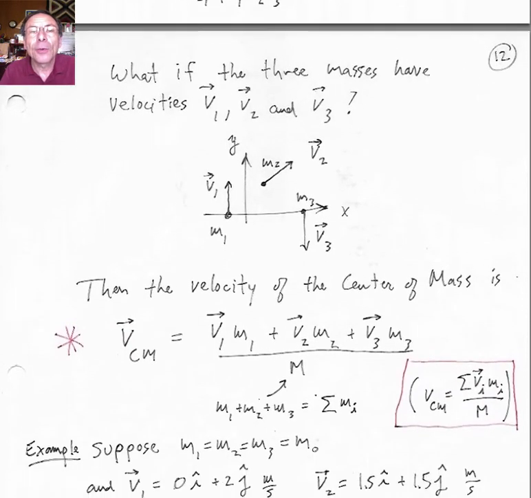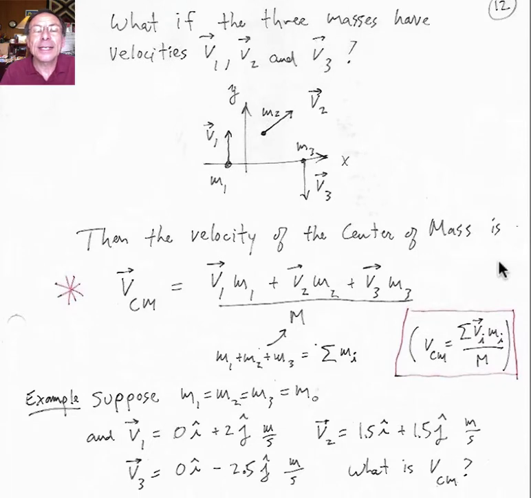Now what about the velocity of the center of mass? Let's go back to the previous example. I have my three masses, and let's say mass 1 happened to be moving in the y direction. Mass 2 happened to be moving partly in the x and partly in the y direction, and mass 3 was going in the negative y direction. Well, it's easy to figure out the motion of the center of mass.